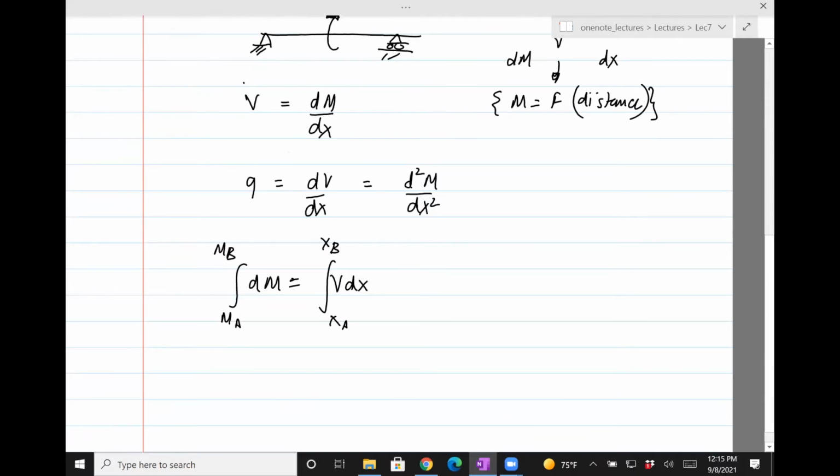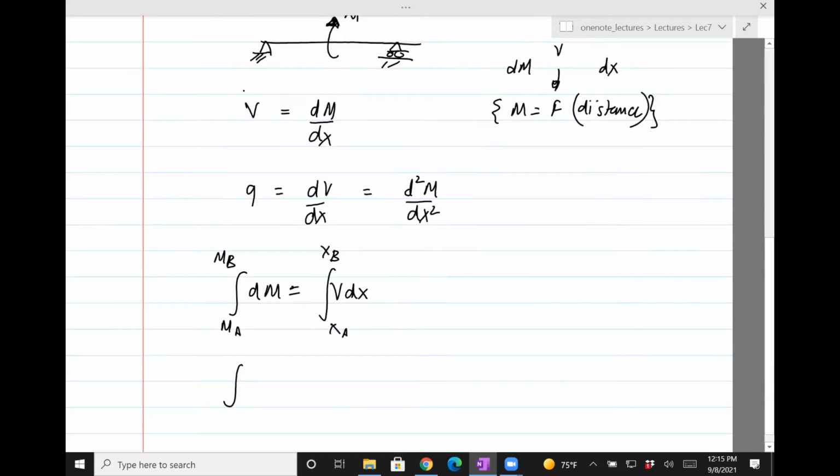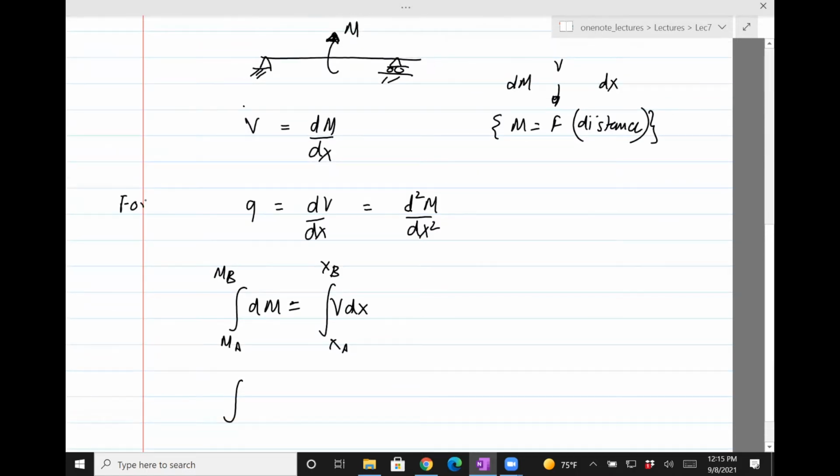And you could do the same thing with q. q is force per unit length. What is it called in the book? I forget. I'll update the notes. I'm kind of blanking on what it's called. Somebody who remembers, let me know.